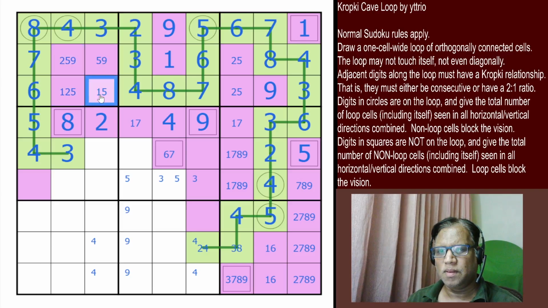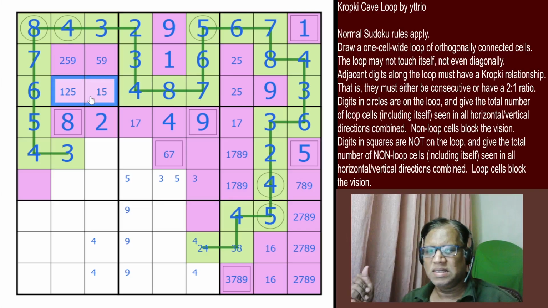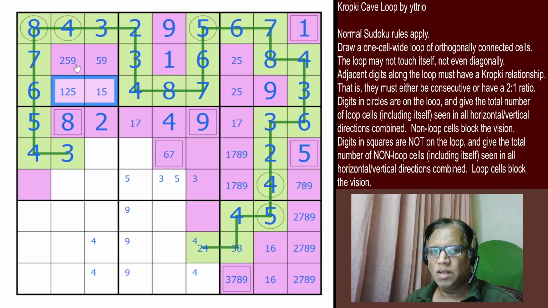5, 9, 1, 5. 1, 5, 2, 5. Okay, so 1 is one of these. Okay, not much helping. 7, 2, 5, 5. 2 is one of these.